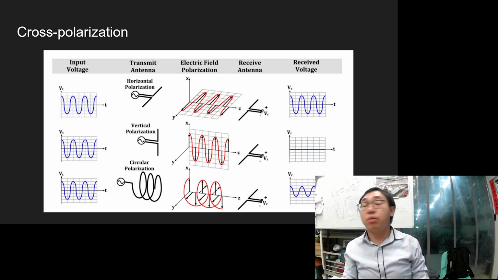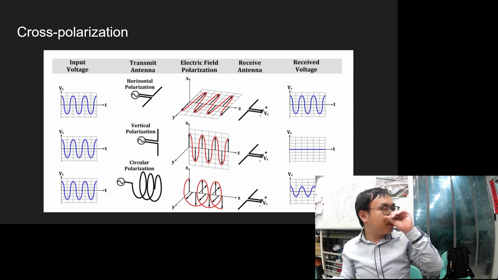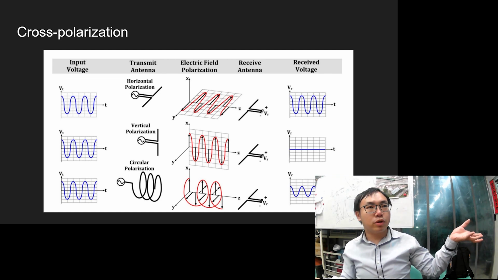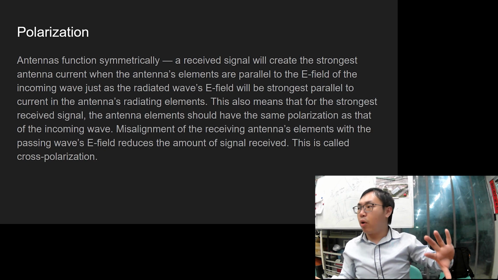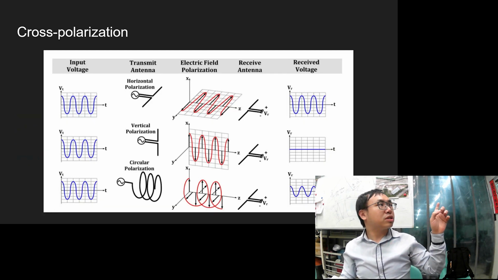If you emit the signal horizontally, the receiving antenna has to be put horizontally too, to receive the maximum signal. If you have a vertical polarization but your receiving antenna is horizontal, we call this cross polarization, and your received voltage will be minimized, close to zero.